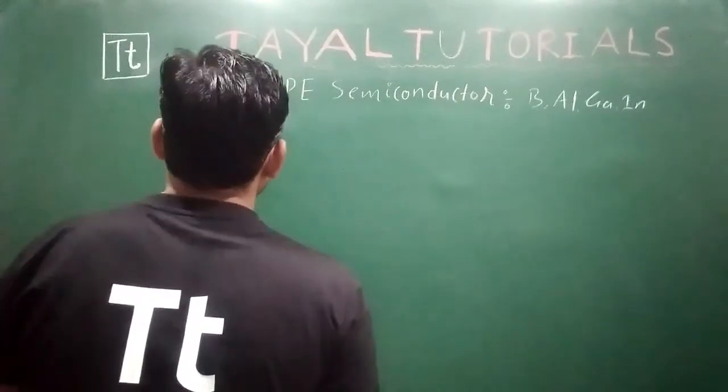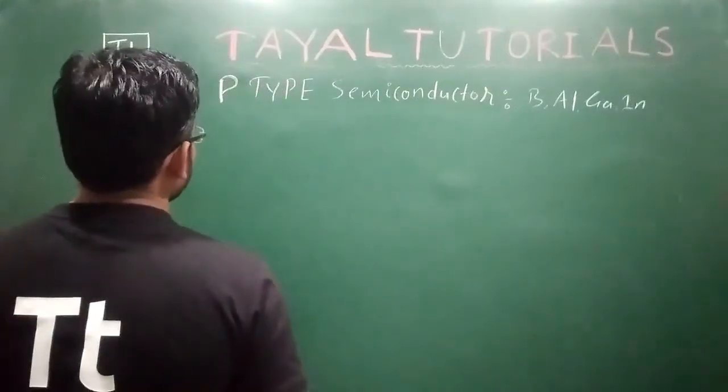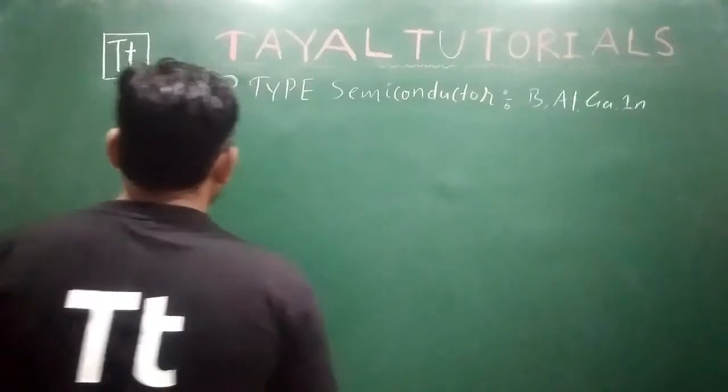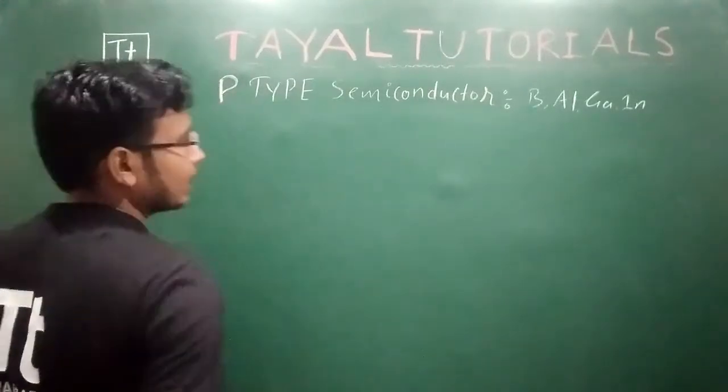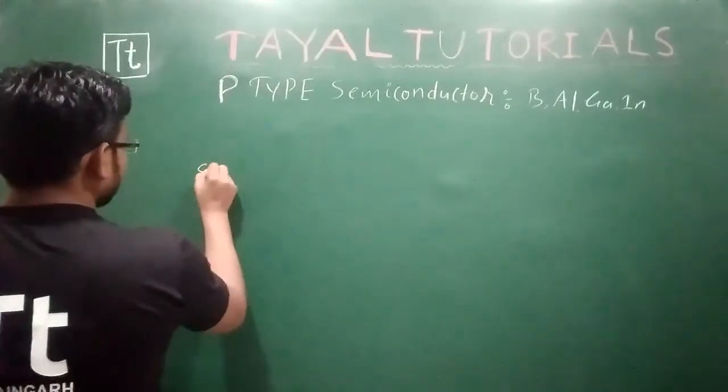Okay, let's see. So like when we draw the p type of semiconductor, let's draw your p type of semiconductor similar to your N type of semiconductor. This is a silicon.